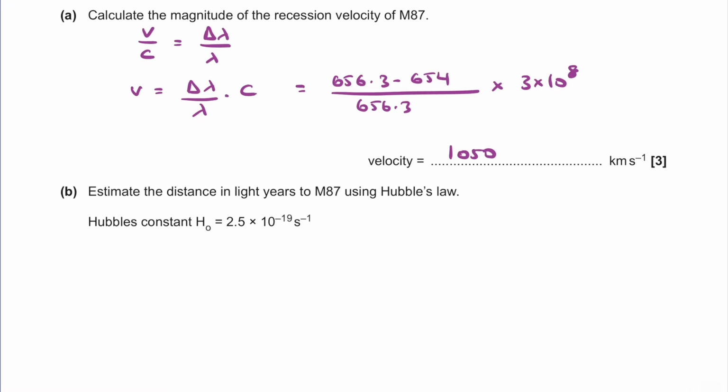Part B. Estimate the distance in light years to M87 using Hubble's law. There's a correction. This should have been 10 to the minus 18.